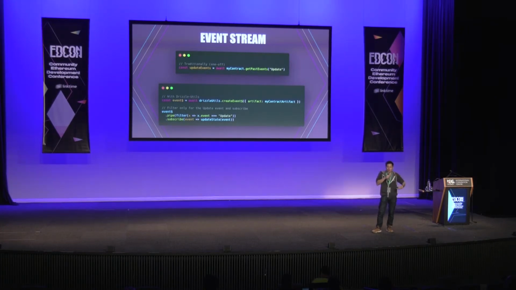You can even do higher order observables, make API calls on these particular events, and trigger all sorts of things. For this one, the event stream represents all the events that this contract will give us. But if we're only curious about the update event, we pipe that stream through a filter for only the update events.